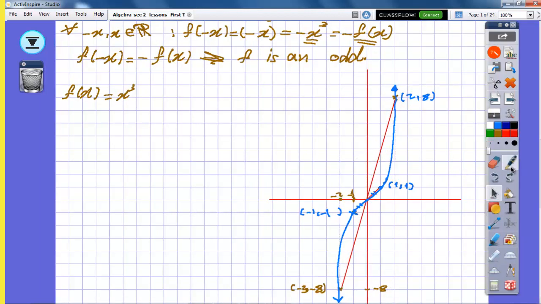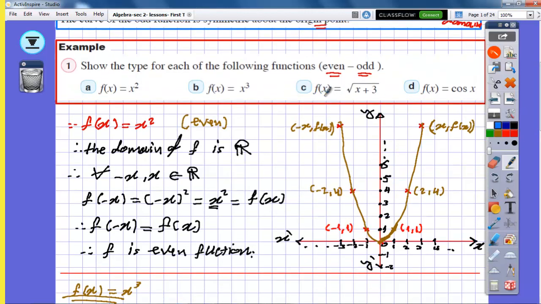So we can say, since the curve of the function is symmetric about the origin, the function is an odd function. What about f of x equals root x plus 3?